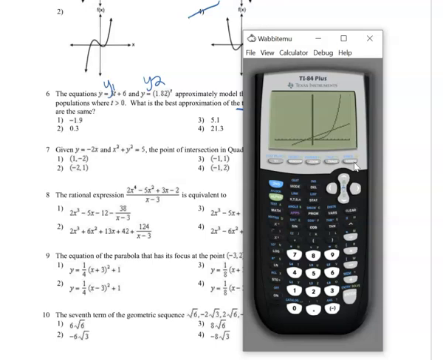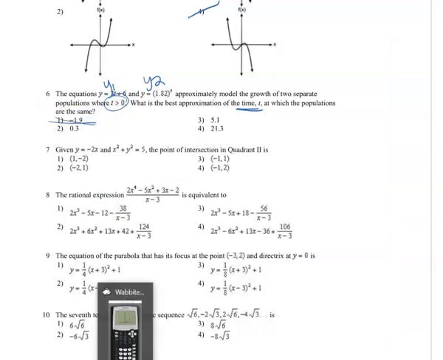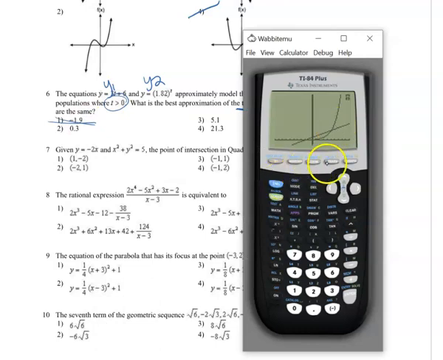Okay, now something to consider here, guys, is that we're talking about exponential growth over time, and time can't be negative. In fact, they emphasized it here, so I'm already eliminating option 1. Like, that's not possible. Now, you can go to your calculator, second trace, option 5. It's going to ask me if I'm on the first curve, which I am on my y1. It jumped to y2. Now, as far as the guess goes, I'm just going to move the cursor closer to the one I want to find.